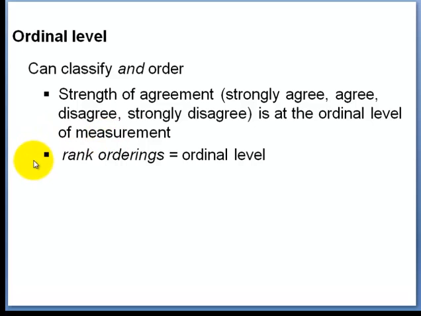I note quickly that rank orderings are ordinal level measures. We could have all of the class stand in a row ordered from tallest to shortest, and that would give us a rank ordering. And those orderings do indeed follow an order. So for instance, we know that rank number 2 is taller than rank number 3, which is taller than rank number 4, and so on.